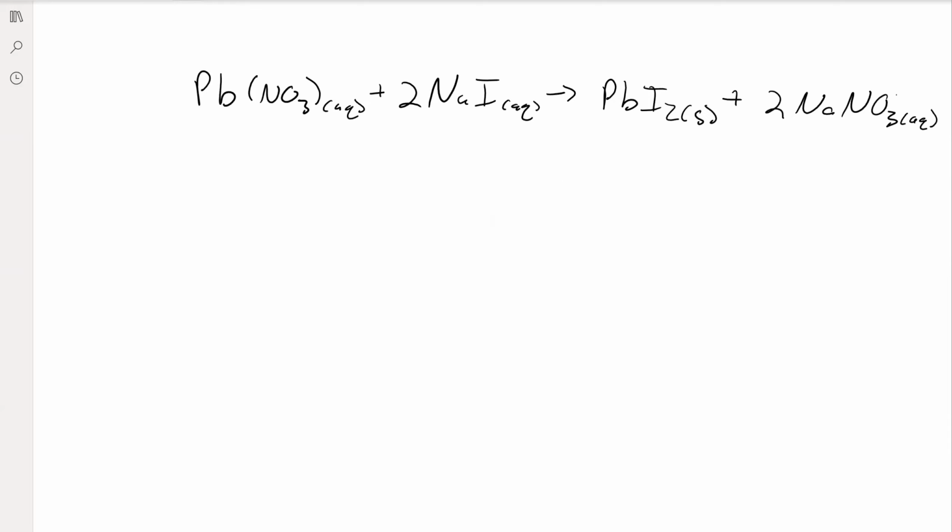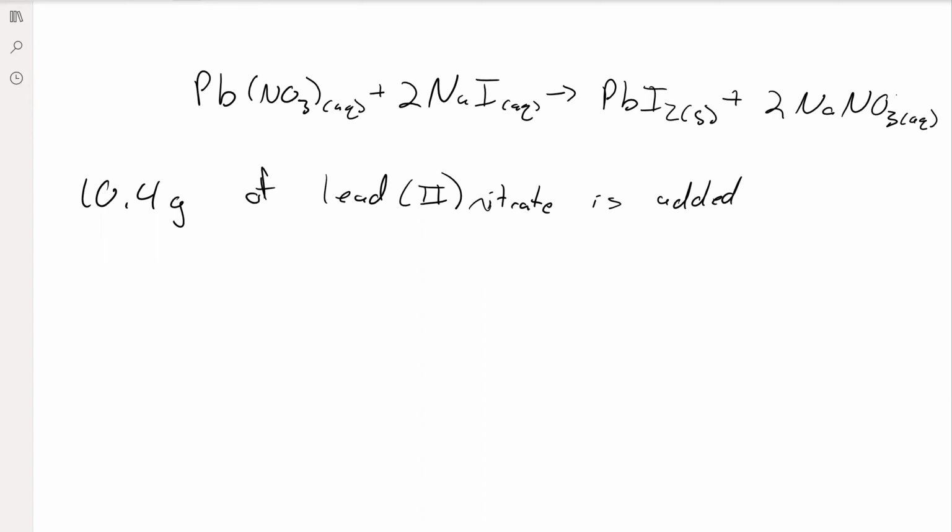Cool. So then our question says 10.4 grams of lead 2 nitrate is added to 66.9 milliliters of 1.20 molar sodium iodide.